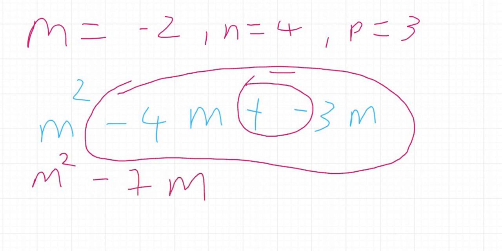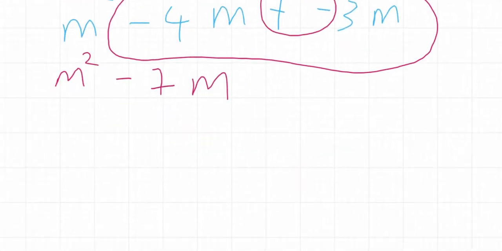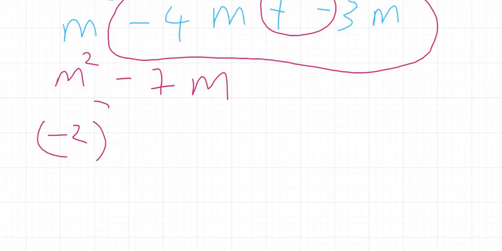So that's what this expression is saying. Now all we do is substitute the value of m into the expression and evaluate it. So if m is negative 2, we have negative 2 raised to the second power minus 7 times negative 2. We have a set of negatives in our expression.